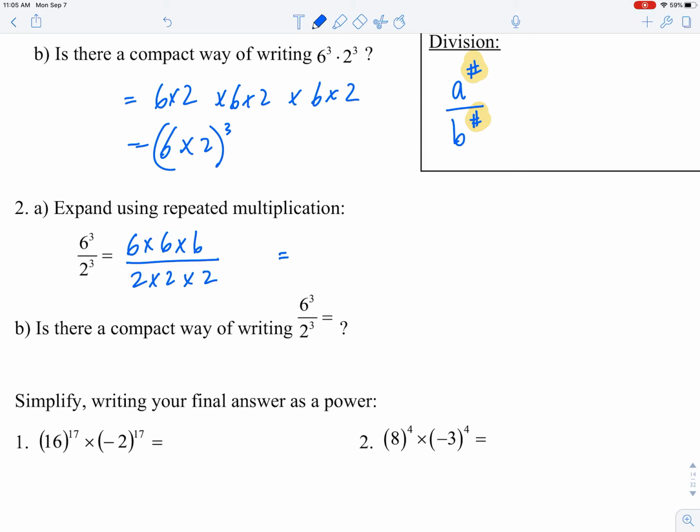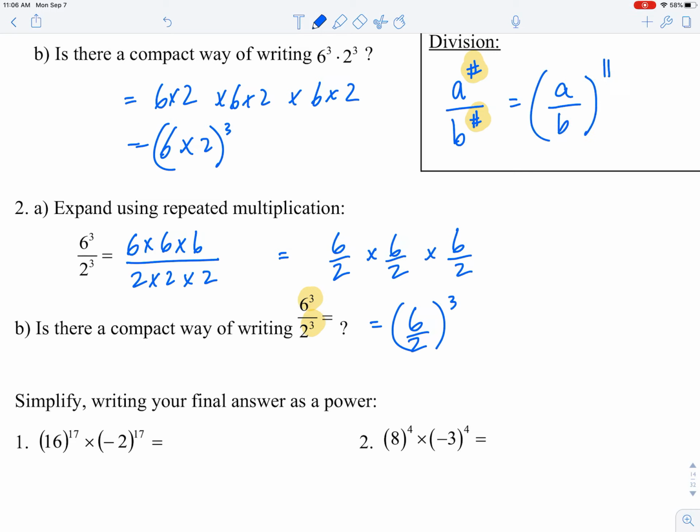You might notice that we could write it as 6 over 2 times 6 over 2 times 6 over 2. So a more compact way to write this could be 6 over 2 to the 3. So when the exponents match, we can do the dividing and just raise it all to that same exponent.